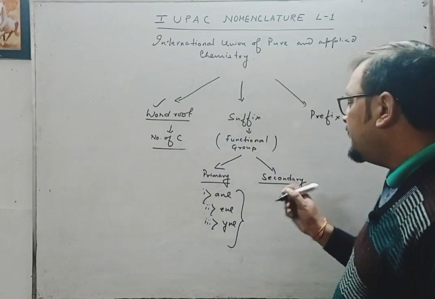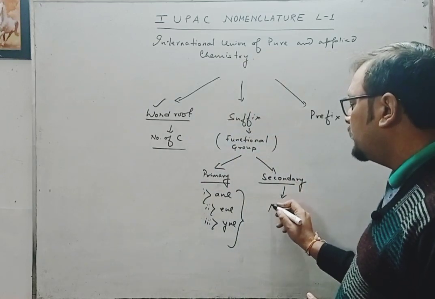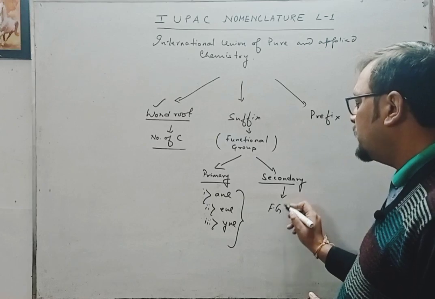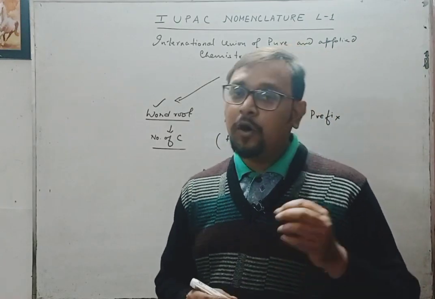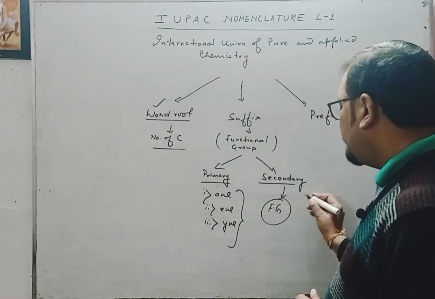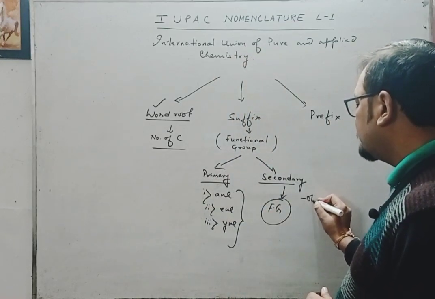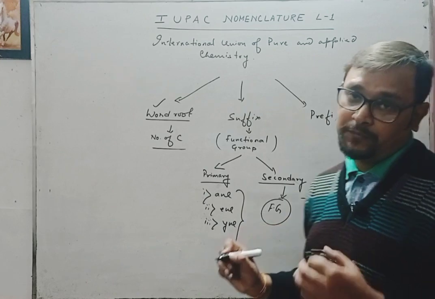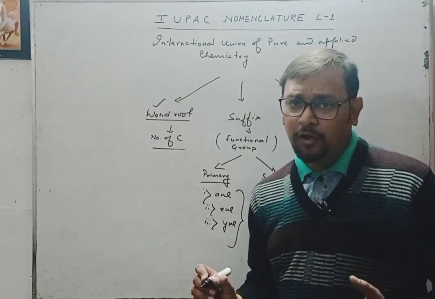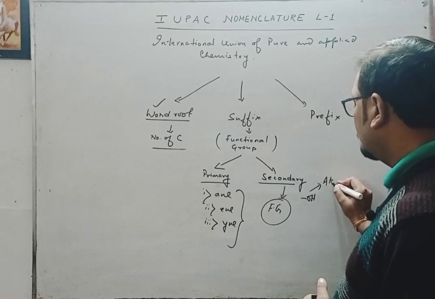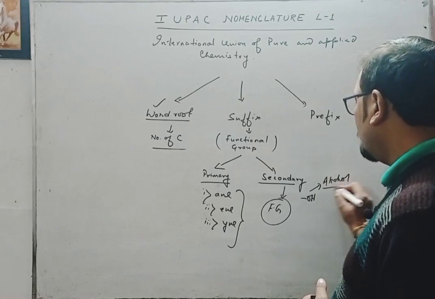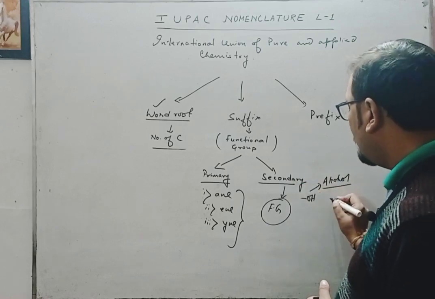The secondary suffix actually comes from the functional group. A small example I am giving you. For example, if you write OH, which functional group does OH represent? Alcohol, right? Now what is the suffix here?